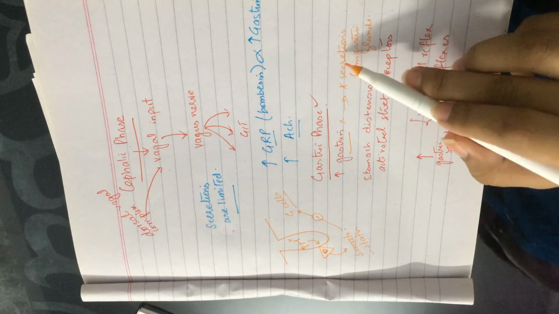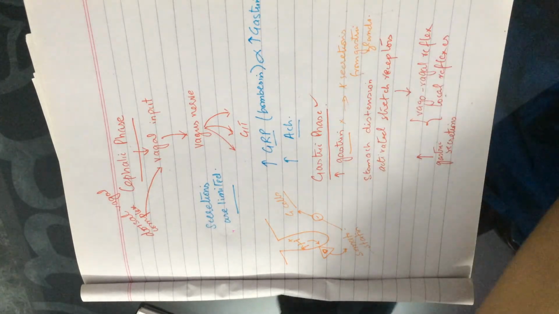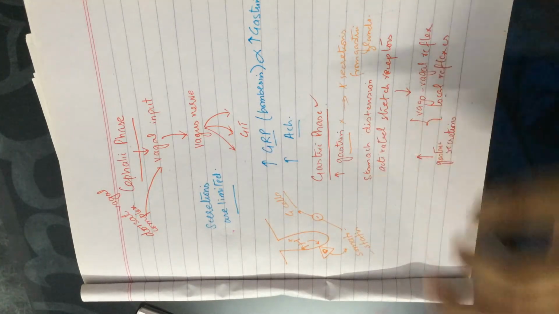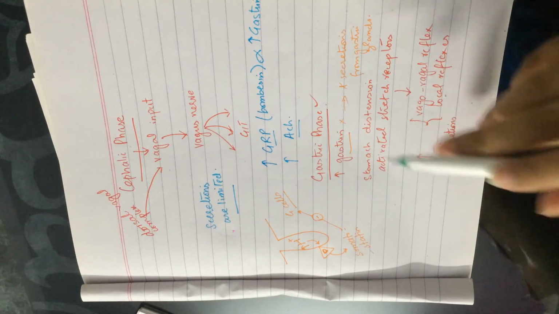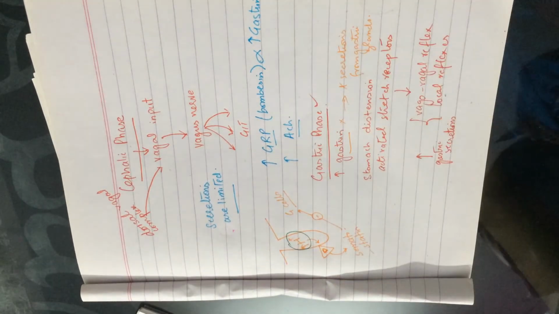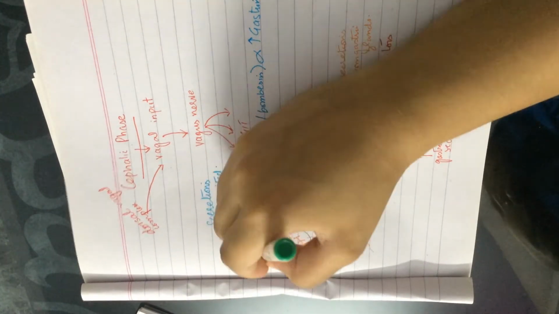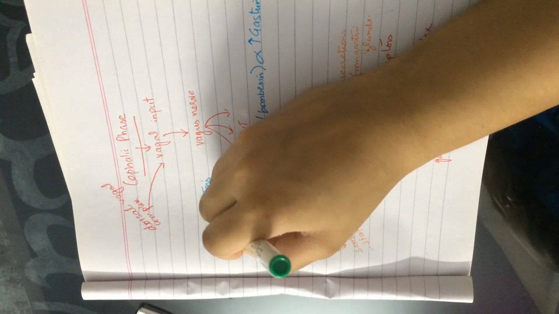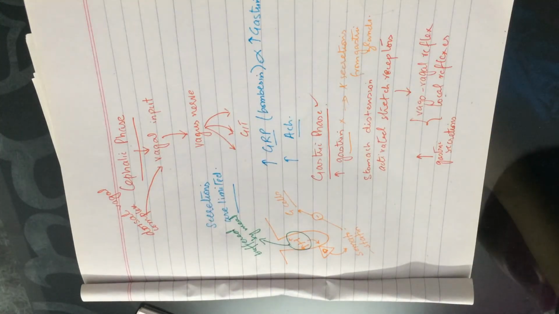This normally happens when the meal has left the stomach and entered the duodenum. But until the meal has left the stomach, we have to buffer this gastric acidity, and this is buffered by the meal itself.